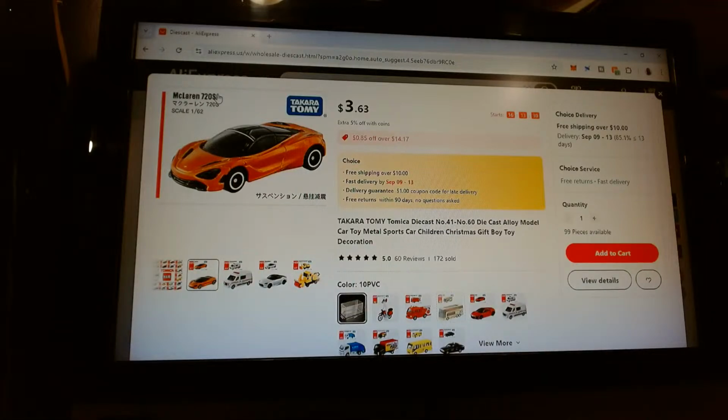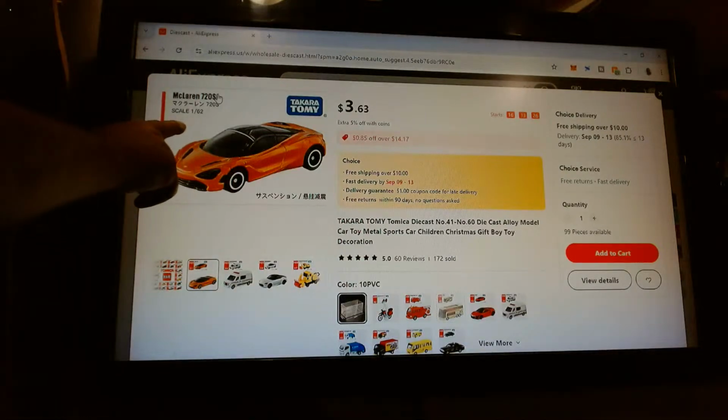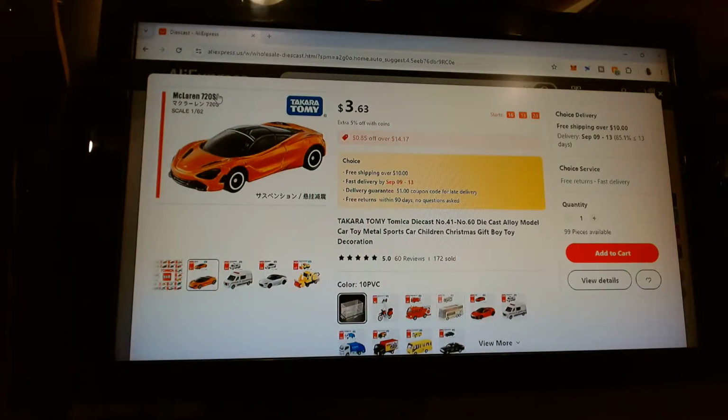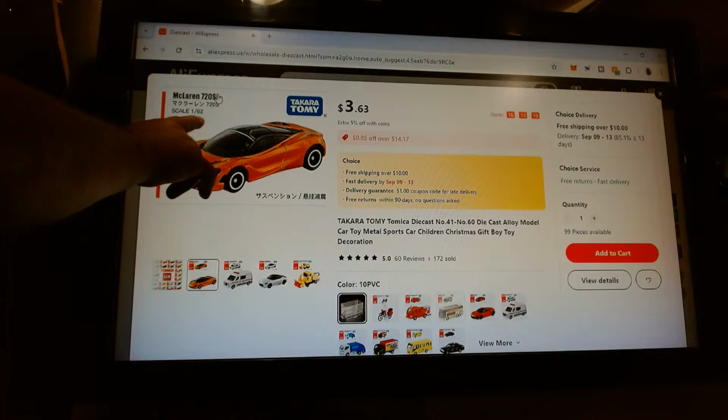That will be your typical Matchbox or certain Hot Wheels. It's about 1:87, 1 slash 87, right? Scale. So this is slightly bigger than that.